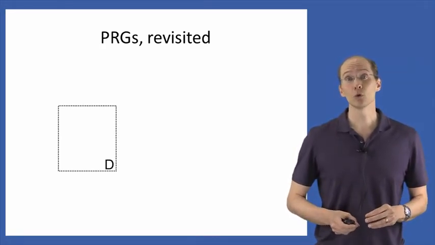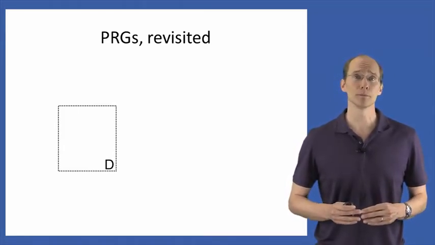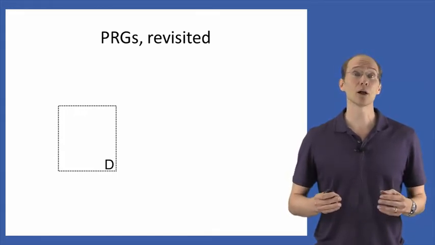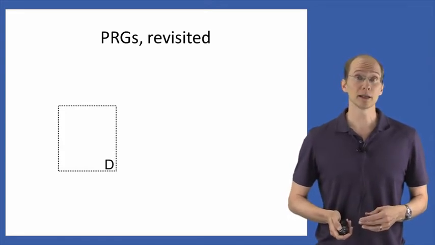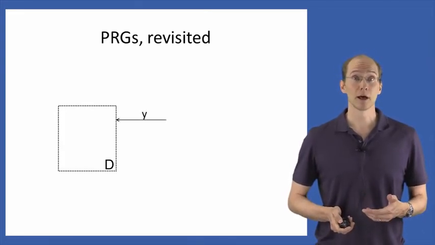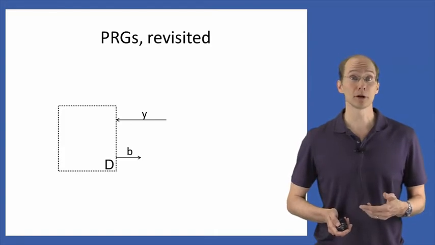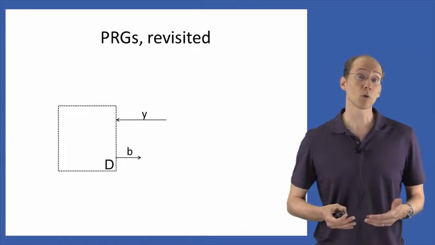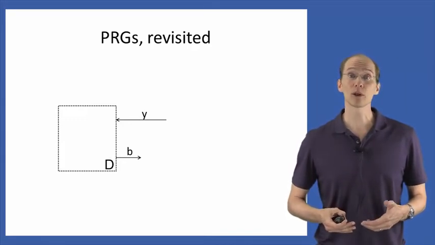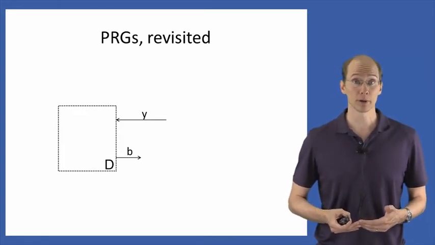We can now view our function G as being involved in an experiment of the following form. Somebody comes along with an algorithm D. D here stands for distinguisher. This algorithm D takes as input a string Y and outputs a bit B. We can think of this as D taking as input some long string and trying to determine whether Y was chosen uniformly at random or whether Y was output by running the pseudo-random generator G on some uniform input.